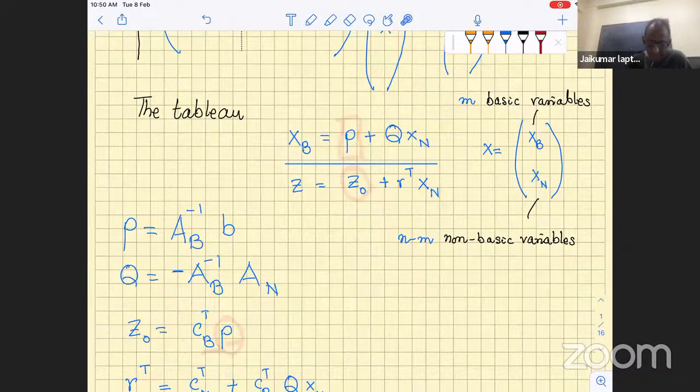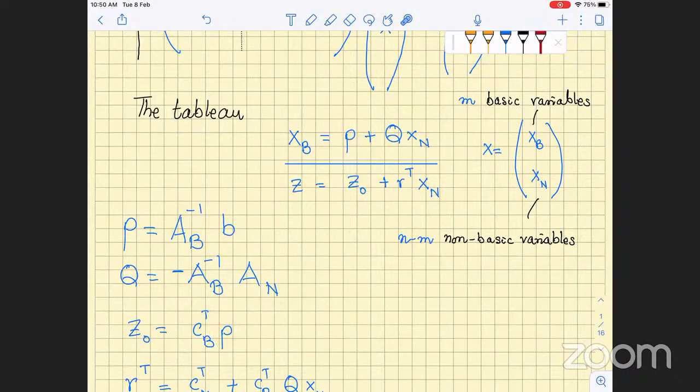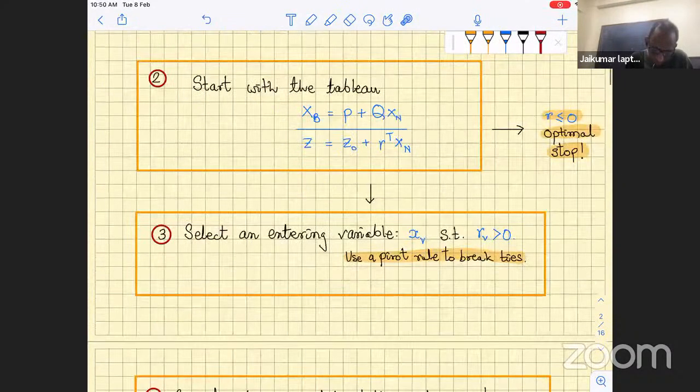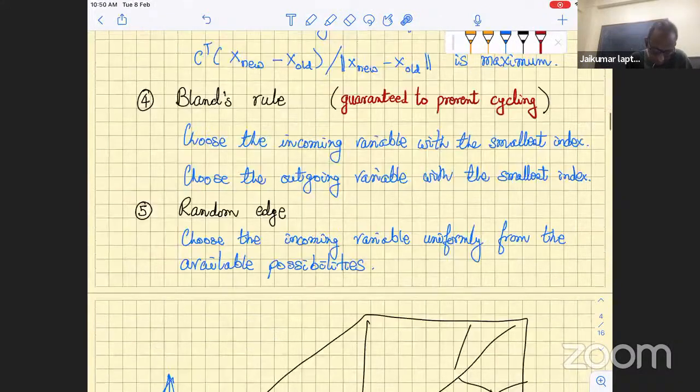Is that what you asked? No. You had an upper bound of 1 on all the epsilons? Oh, why did I have an upper bound of 1 on the epsilon?